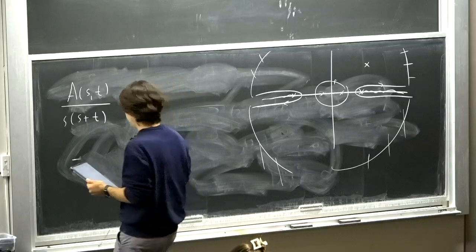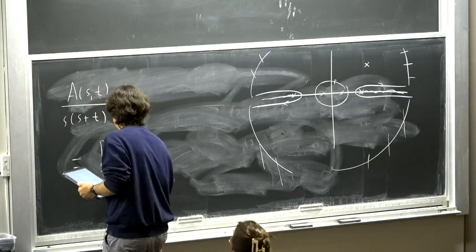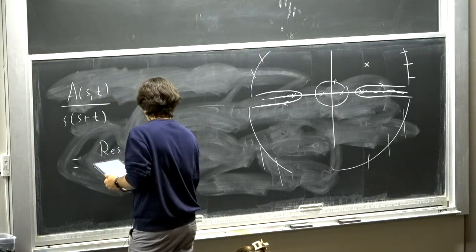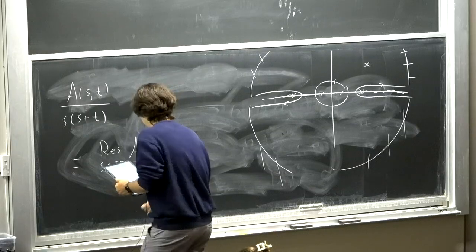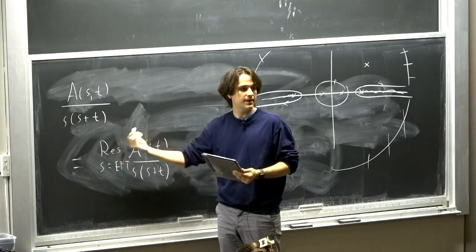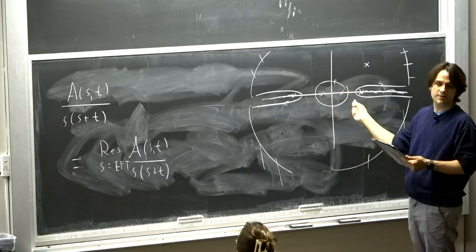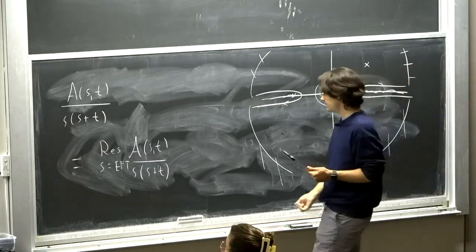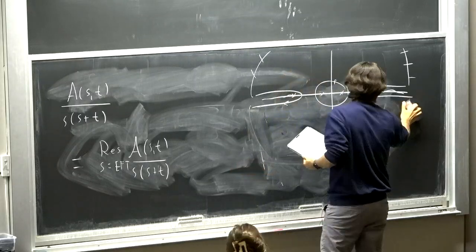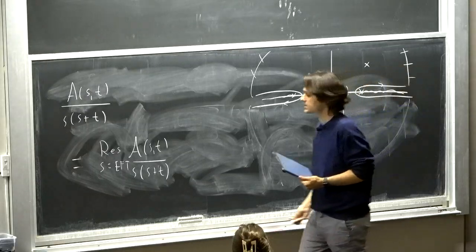So the amplitude will be something like the contribution from the residues in the EFT. So this is something that we can compute in the effective theory. It's this little circle here. So we're just picking up whatever is there in the EFT. Let me call this 1. So this contribution is 1.